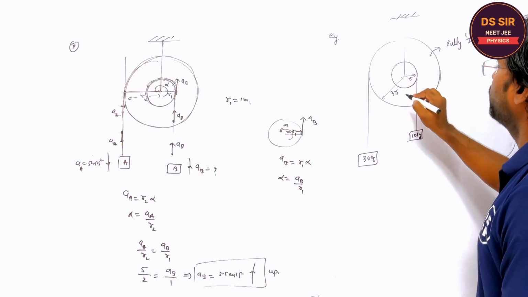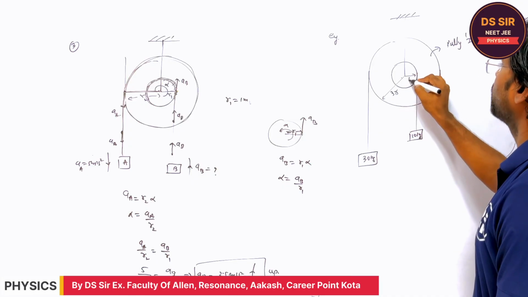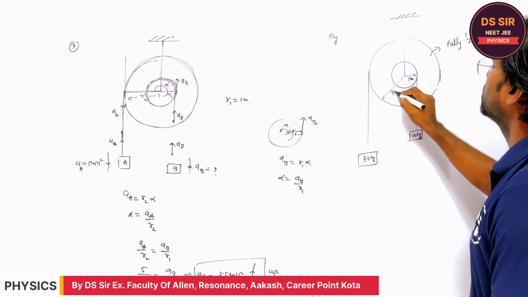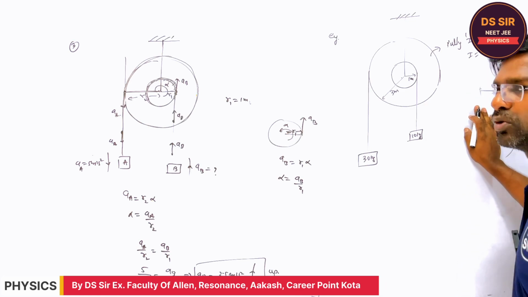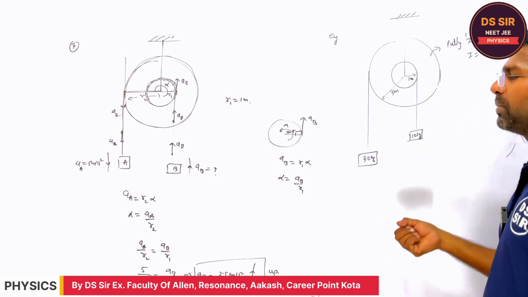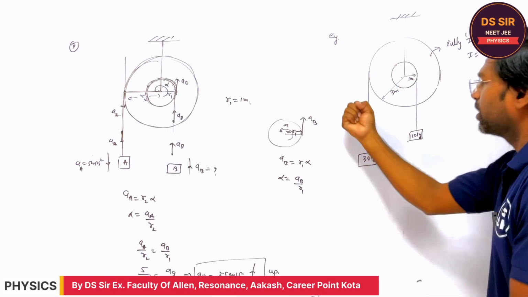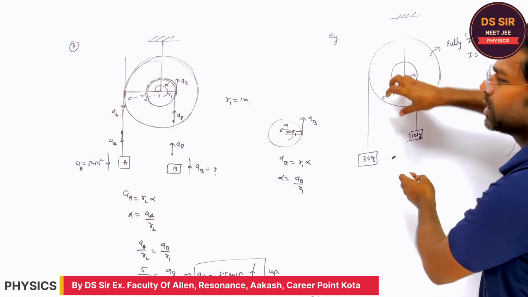So you have to find the radius. You may write it is the 1 meter, and this radius is the 3 meter. The moment of inertia is 20 kilogram meter square. Suppose its value is given, right? Then what will happen if the system is released from rest? What will happen? It will come down, it will move up, and this system will rotate, right?